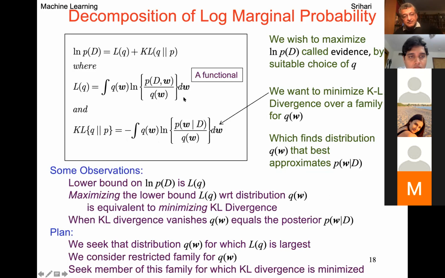So this says if you do this optimization properly, you're going to find a Q of W that's going to be best modeling. If these two are equal, this whole thing becomes zero. If Q(W) is the same as P(W given D), then it's going to be zero. I know this is not easy when you first look at it, but let me assure you that this is a useful thing, not only for Bayesian logistic regression, but also a whole host of methods.